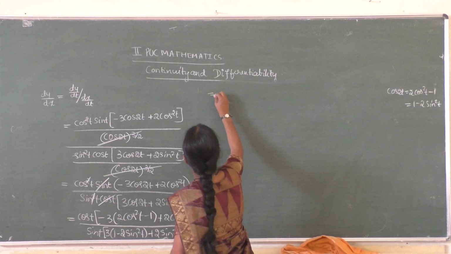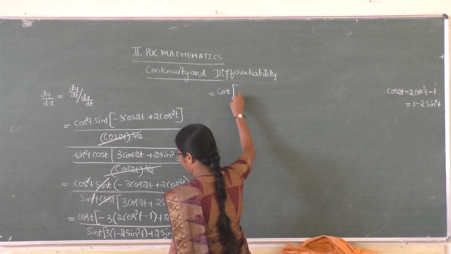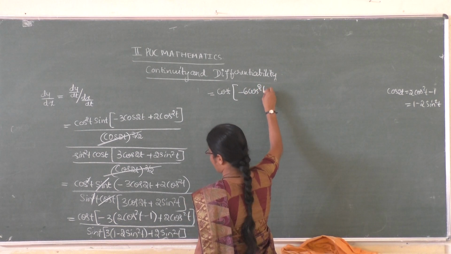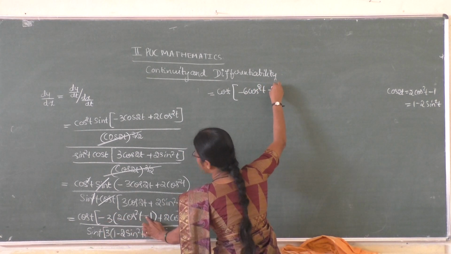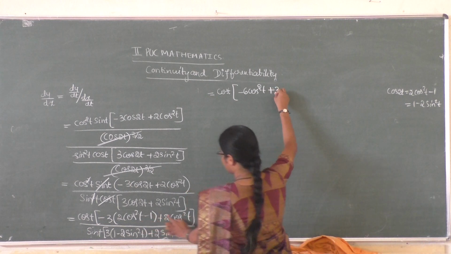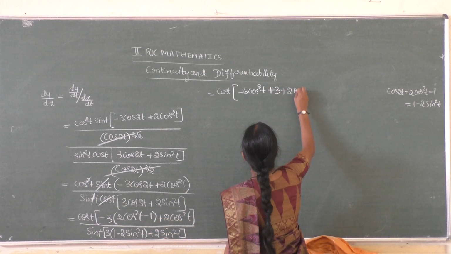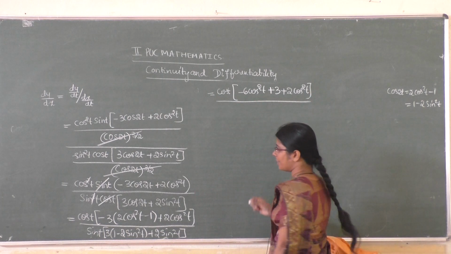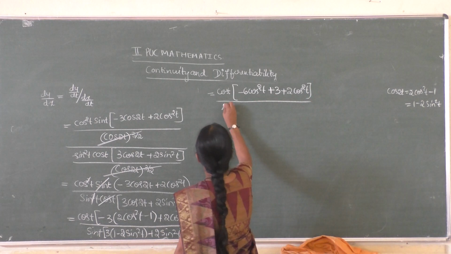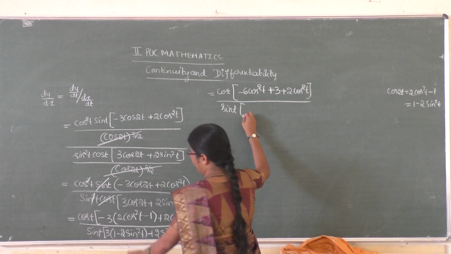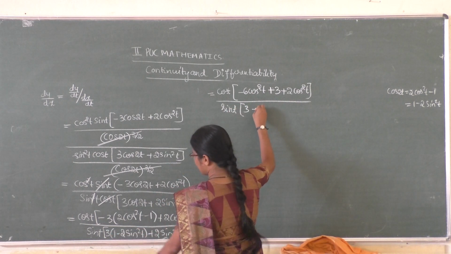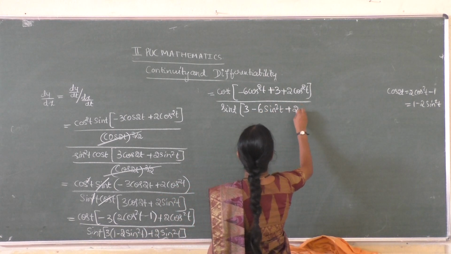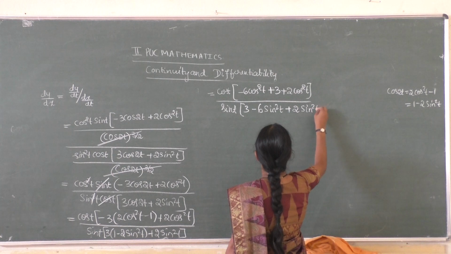This equals cos t into minus 6 cos square t plus minus 3 into minus 1, that is plus 3, plus 2 cos square t, divided by sin t into 3 minus 6 sin square t plus 2 sin square t.